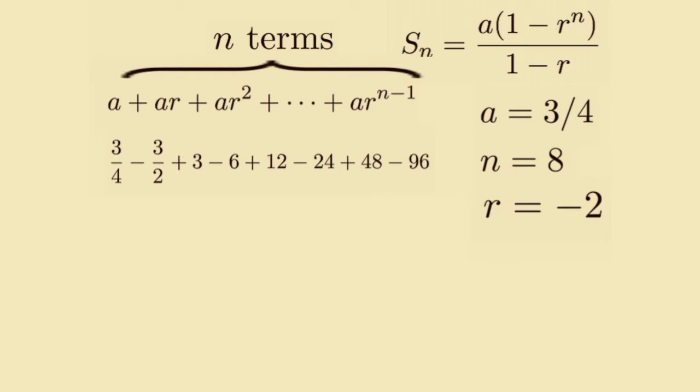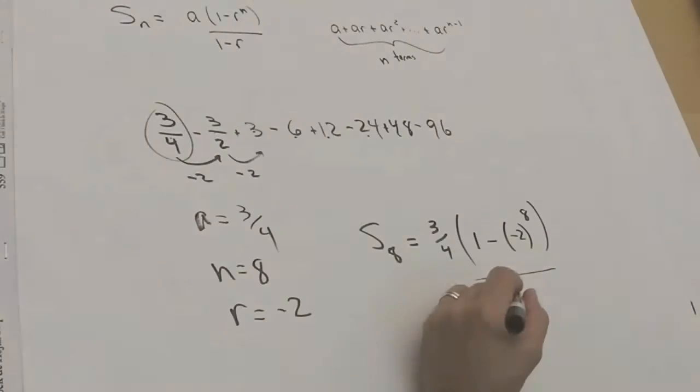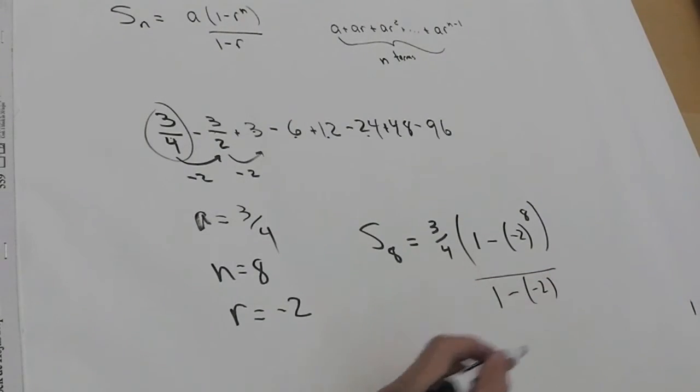So according to our geometric series formula, the sum of the first 8 terms, called S8, should be equal to 3/4 times 1 minus negative 2 to the 8th power over 1 minus negative 2. And we could stop there, or we could simplify this if we wanted to.